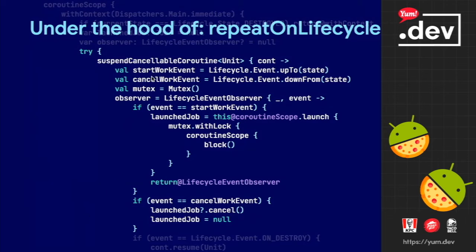That's happening in here: val startWorkEvent is equal to Lifecycle.Event.upTo some specific state. This little function lives inside Lifecycle. There are some enums and some very specific classes that are pretty much a state map change. If you are on resume, the next state that we are expecting is for you to go to a stop. If you go from one to this, you go to destroy.